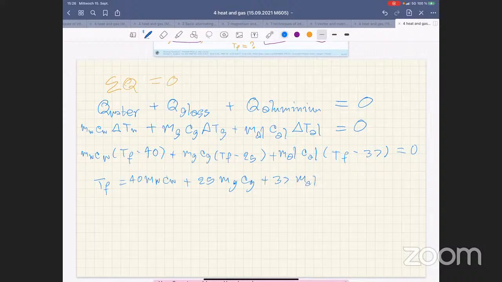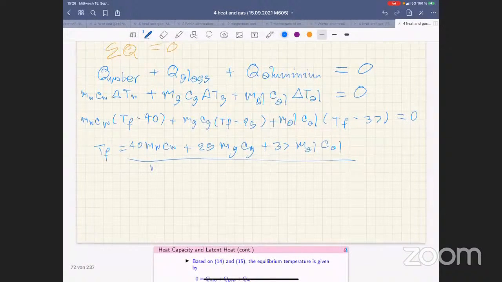Mass of aluminum, specific heat of the aluminum, and the mass of the water, C of the water, plus mass of the glass, C of the glass, and plus mass of aluminum and C of aluminum. All right. Yeah. 40 blah blah blah, right?